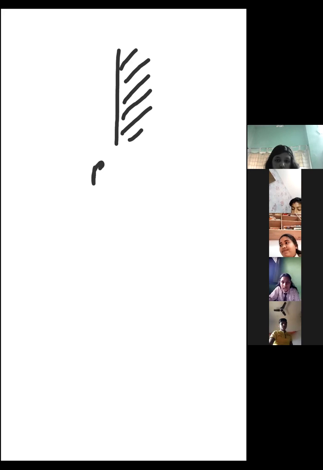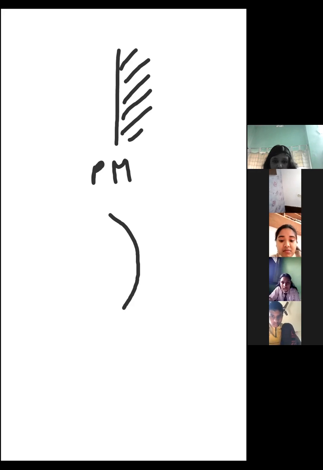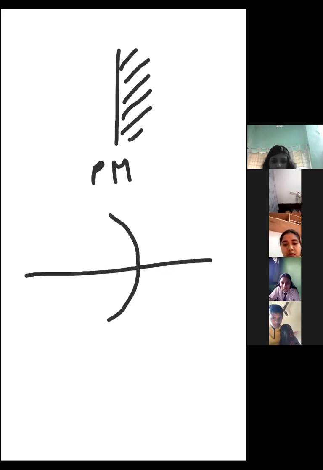So in case of a plane mirror, that is it. The concave mirror means the mirror is engraved to the inward side. Suppose this is the form of the mirror, this is the axis, and you place the object here. Suppose it's a tree, it's easy to draw. So suppose this is the object.